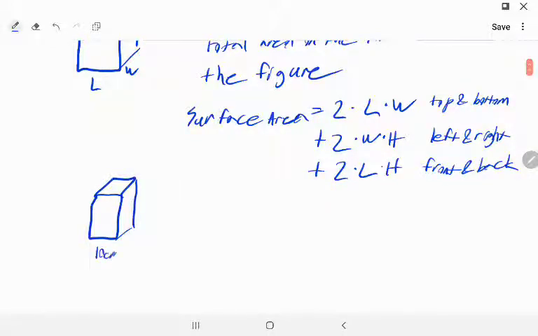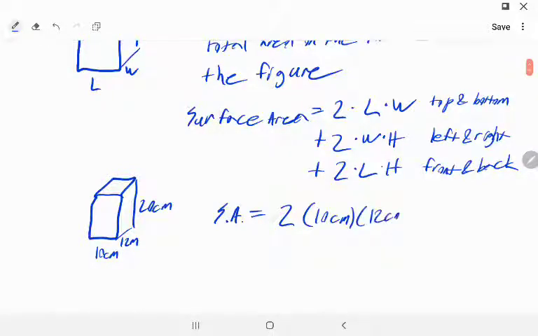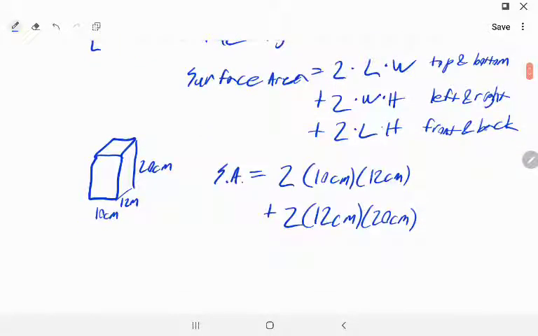So if we looked at a box that was 10 centimeters by 12 centimeters by 20 centimeters, the surface area, which is abbreviated as SA, is going to be 2 times 10 times 12 plus 2 times 12 times 20 plus 2 times 10 times 20.